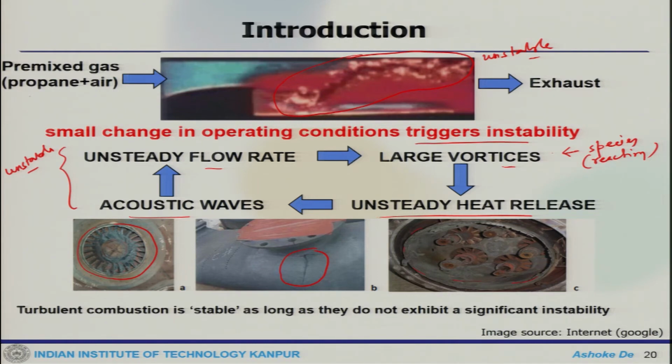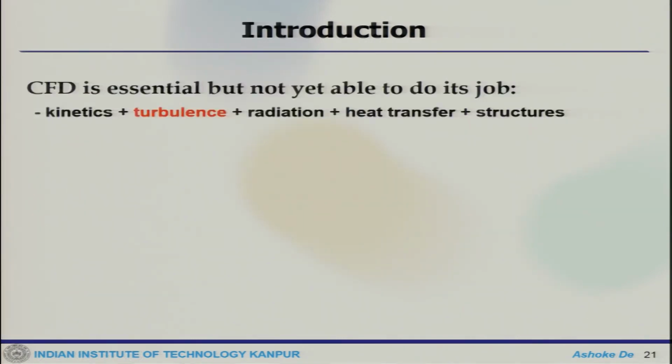So, this kind of instability has a huge impact on the operating conditions as well as on the materials point of view. One can think of turbulent combustion as stable as long as it does not exhibit any significant instability.